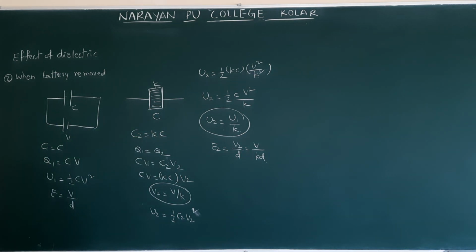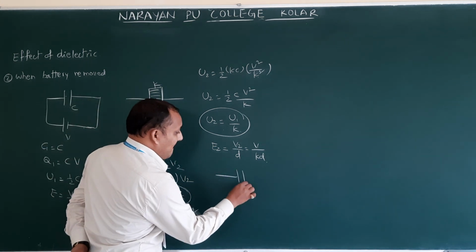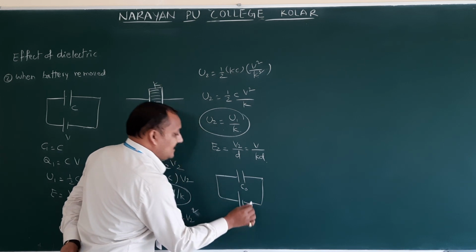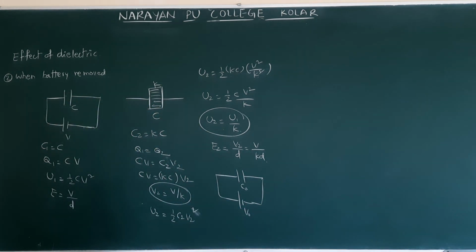Now see example 12 on this model. A parallel plate capacitor C0 is connected to a power supply of V0. A dielectric slab of dielectric constant K, given as 5, is introduced into the gap between the plates.